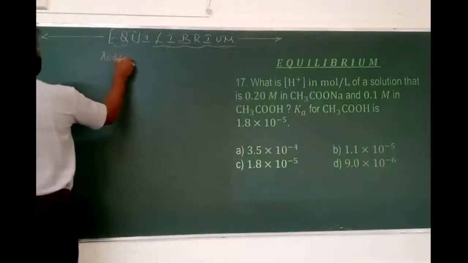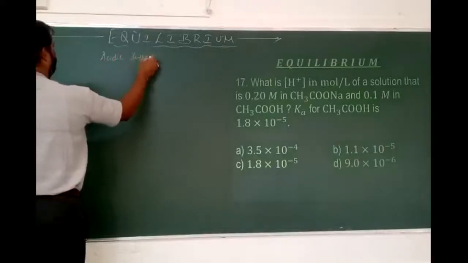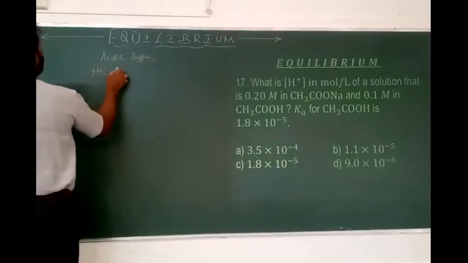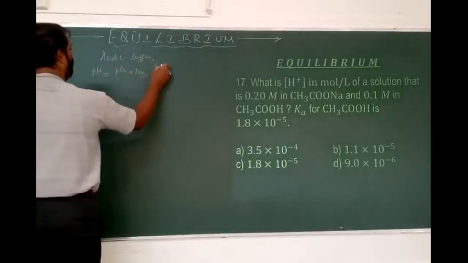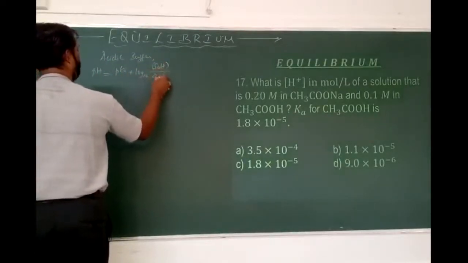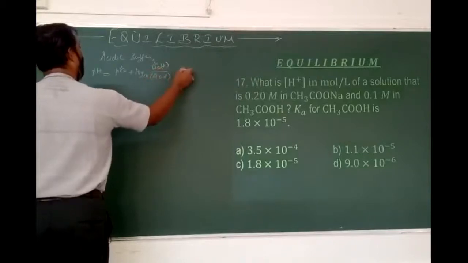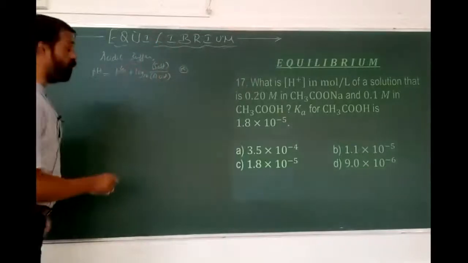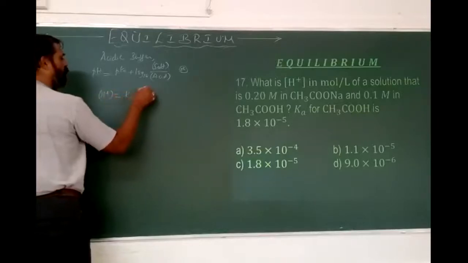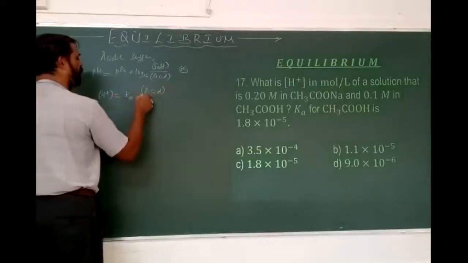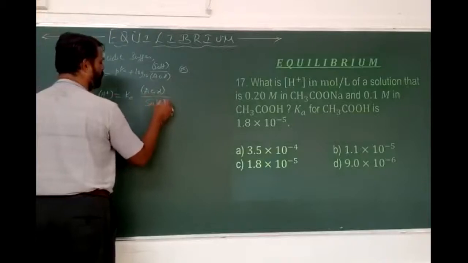For an acidic buffer, pH is equal to pKa plus log base 10 of salt by acid. We can have the direct formula: H plus is equal to Ka into acid concentration divided by salt concentration.